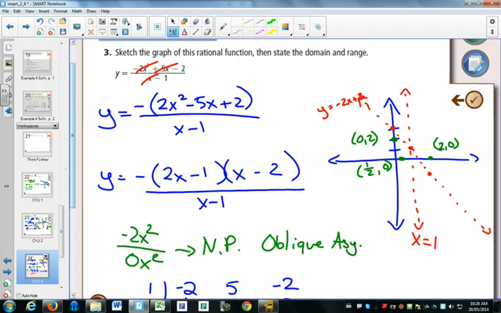Since you have points on the left side of the vertical asymptote and on the right side of the vertical asymptote, we can just finish this graph going towards the asymptotes.